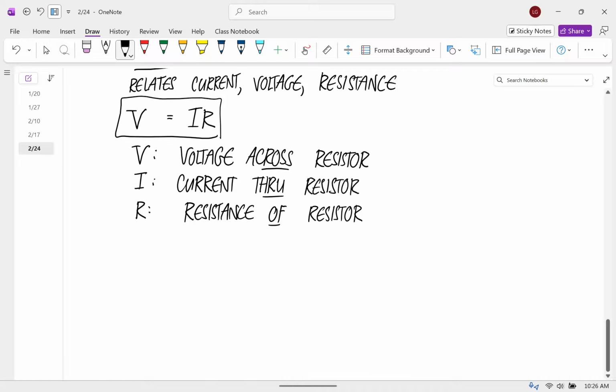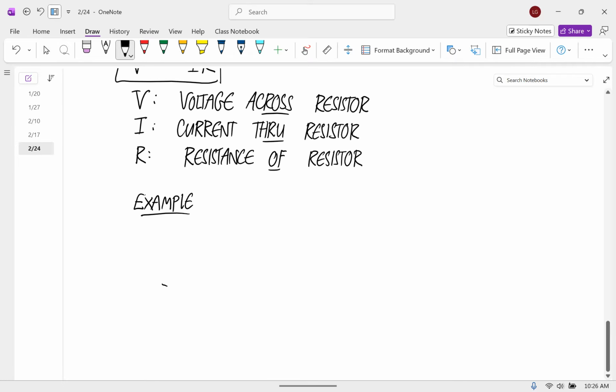Okay, so let me show an example of how this works. Before we start using schematic diagrams, I'm just going to draw pictures. So let's say that this is a 9-volt battery, and this is the positive terminal and the negative terminal.